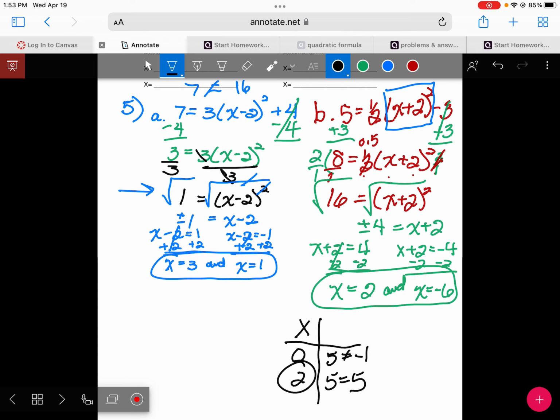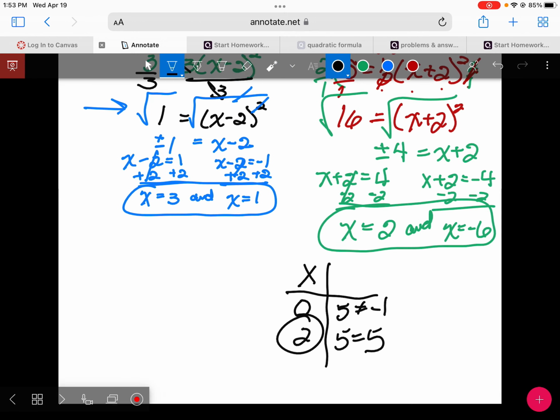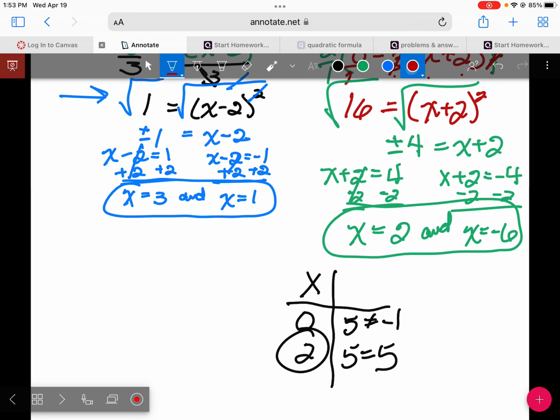Okay. So this one, I talked with her too. And so if we were to graph this, y equals 3 times x minus 2 quantity squared plus 4, and y equals 7, what would we see? For the first one, what would we see?